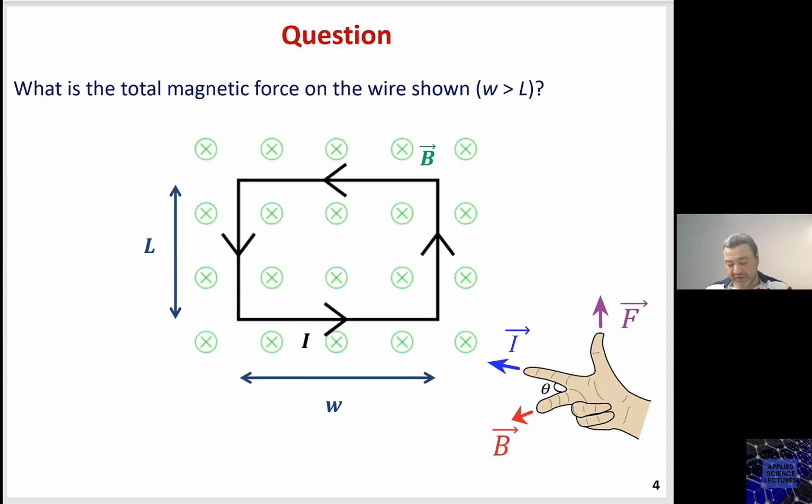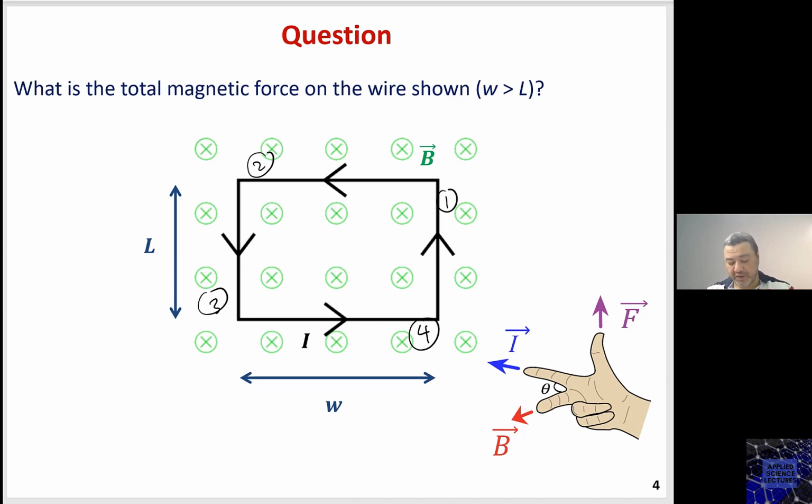Now let's move to the next slide. Here, what is the magnetic force on the wire shown, where W is greater than L? So let's start with this side. This is side 1, 2, 3, and 4.